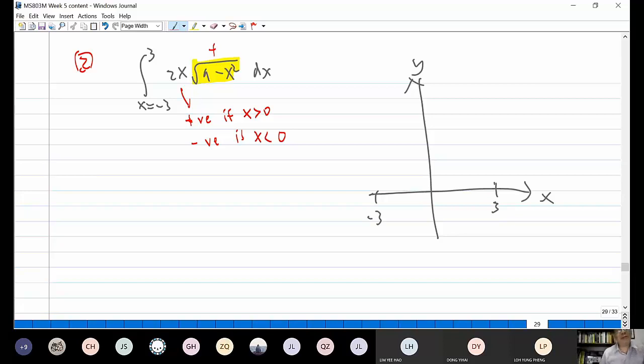So multiplying together, if x is positive, you get a curve on the right hand side, always positive. I'm not sure how it looks like, I can just draw first, and after that you can check using decimals. Okay, so this is positive. The other half, if x is less than 0, you have -1. It's symmetrical.